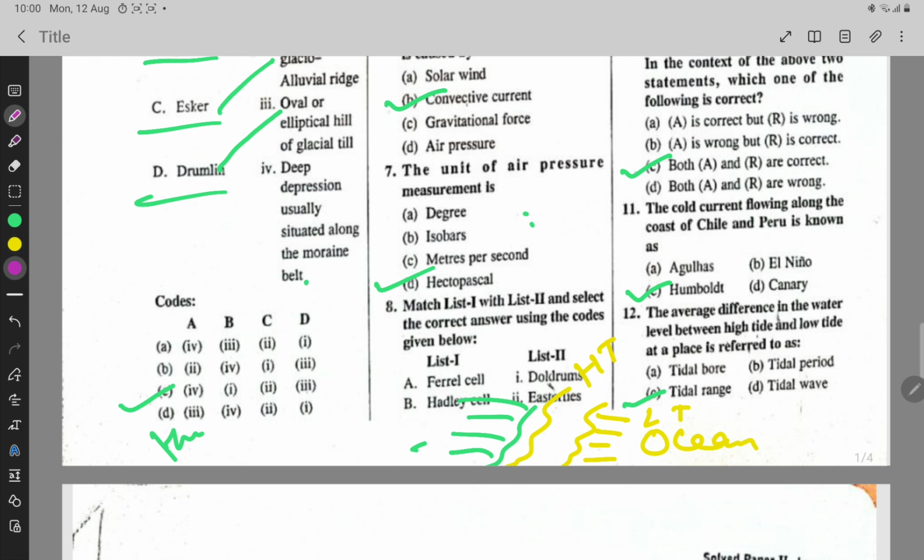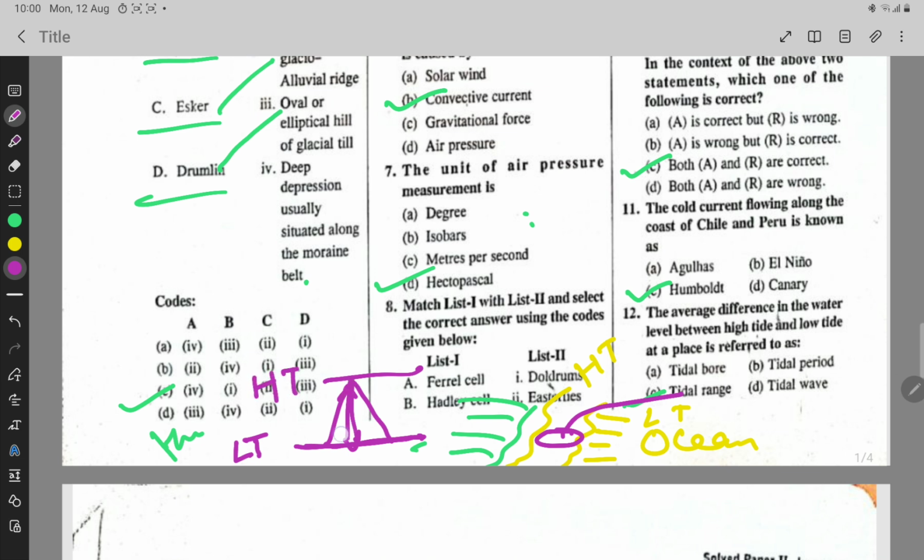So this difference is known as tidal range, whereas the difference in the level of water in terms of amplitude or height, this height of water is known as, this is the water level during low tide, and this is the level of water at high tide.